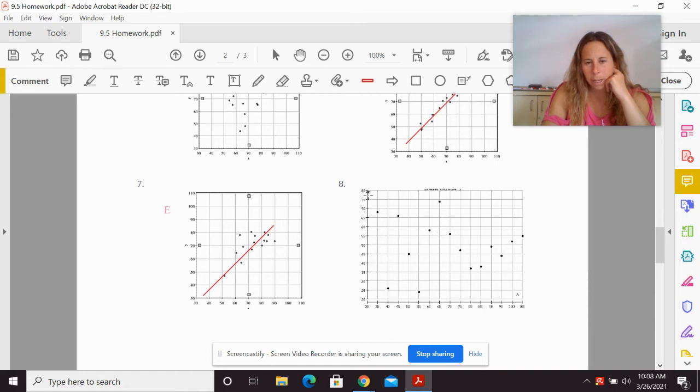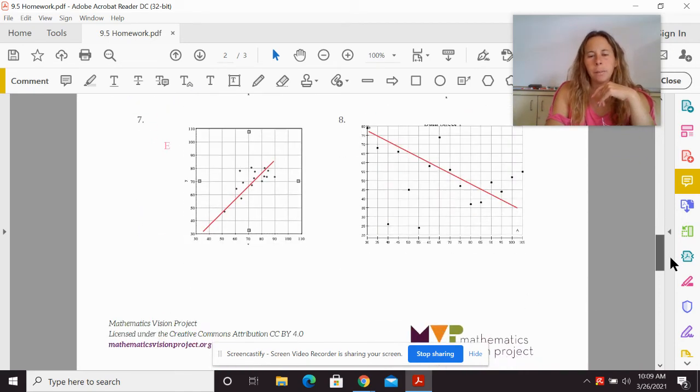Generally, as my x values are getting bigger, generally my y values are getting smaller. It's a little wonky over here, but generally it has a negative, not slope. I mean, yes, the negative direction. It's not the right word either.